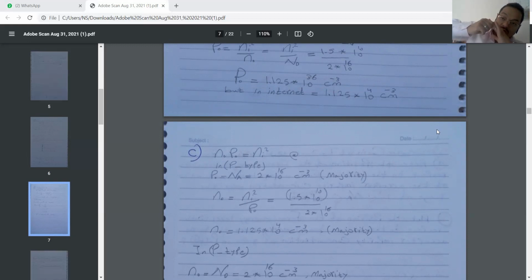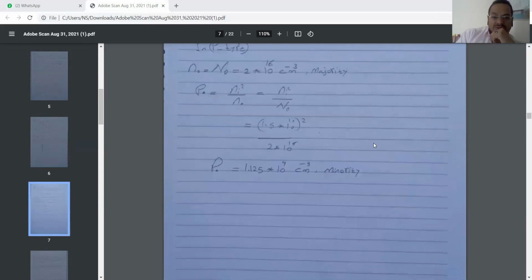But we will deal with another situation if it is doped with phosphorus. That means n-type. That means n naught will be the majority, and p naught, the concentration of holes, will be the minority.